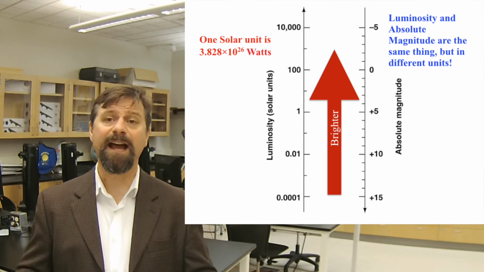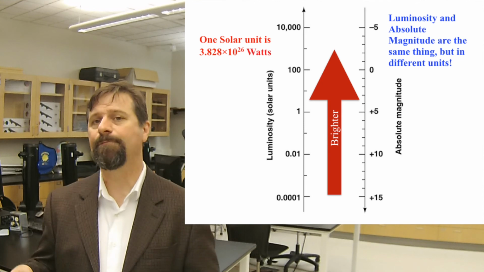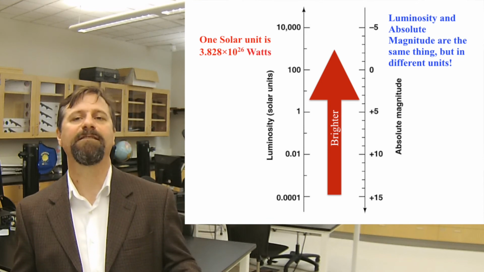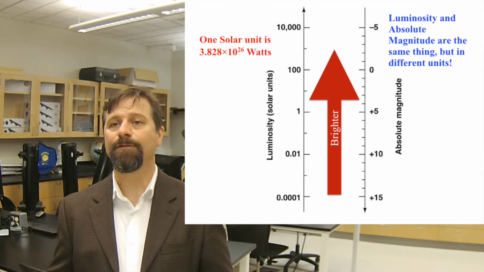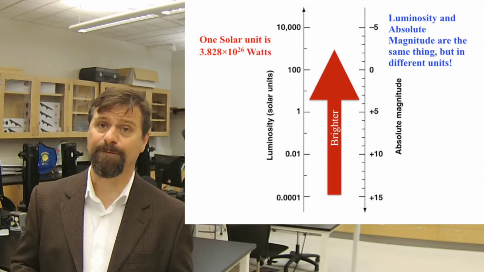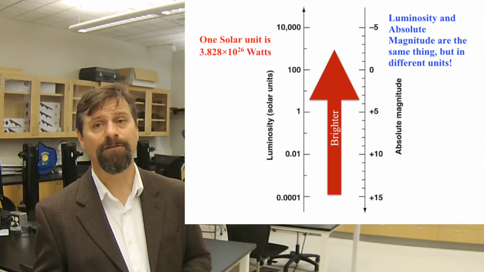So if we then go up and down, if it's 100 times the solar luminosity, then it has an absolute magnitude of 0. If it's 10,000 solar luminosities, then it has an absolute magnitude of minus 5. If it has 1/100th of a solar luminosity, then it has an absolute magnitude of about 10.